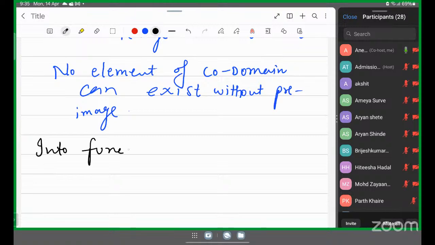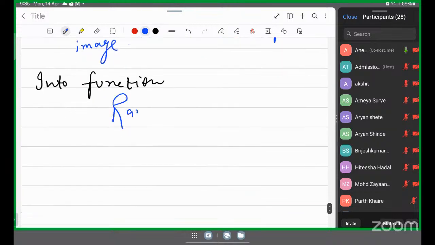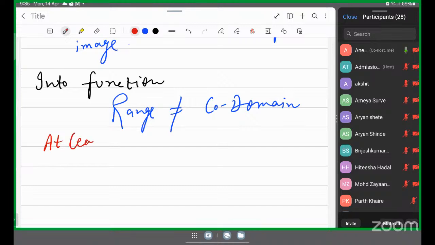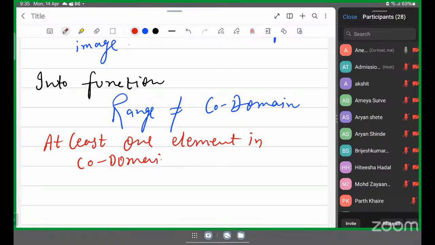Into function is a function for which range is not equal to codomain. Range not equal to codomain means at least one element in codomain is such that it has no preimage.